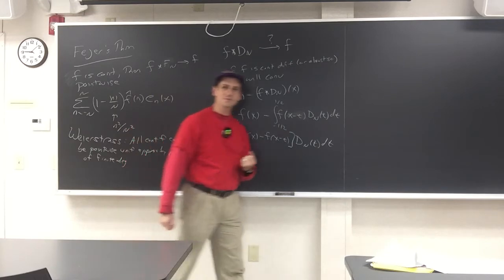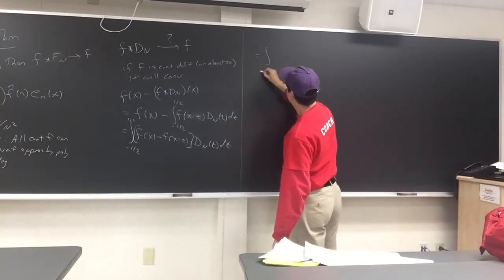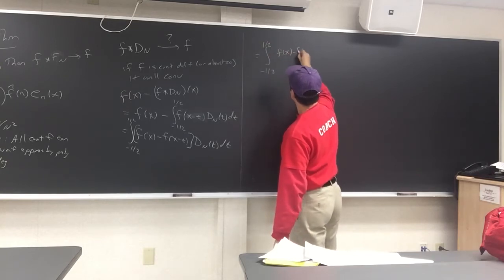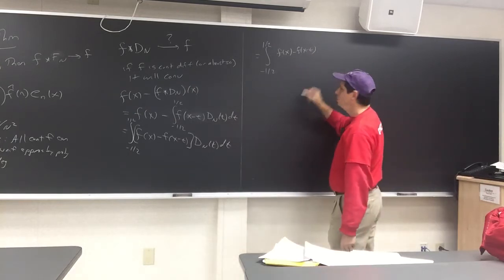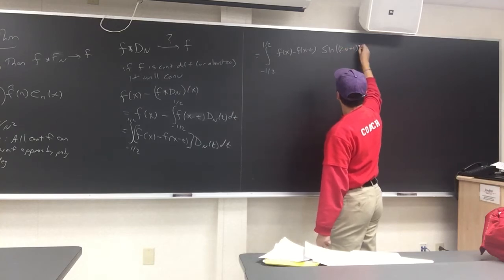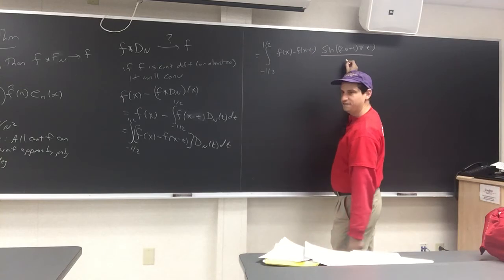This is where I hope my memory is good enough, but if not, I hope your memories are. This should be the integral from minus a half to a half of f of x minus f of x minus t, times D_N of t, which was the sine of, I believe, (2N plus 1) pi t over the sine of pi t.